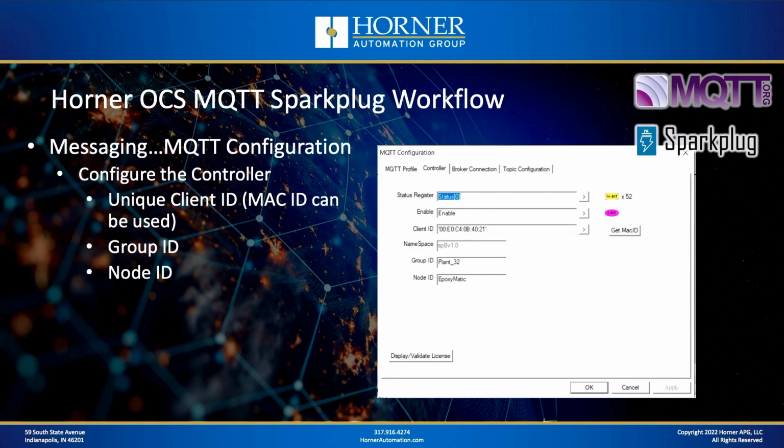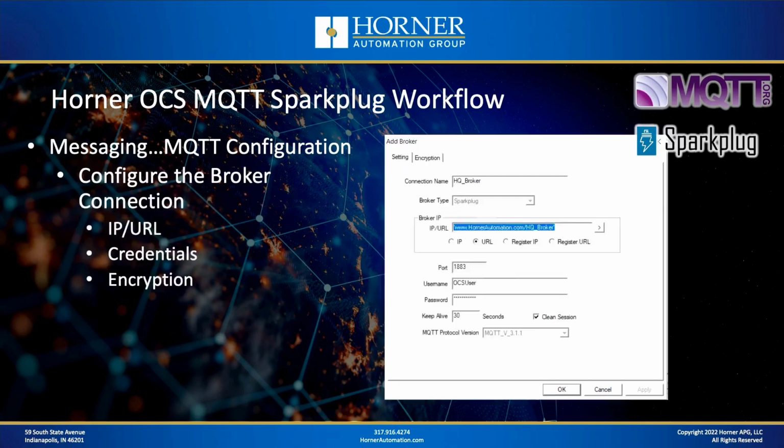So you're not going to have a scenario where you accidentally have a duplicate node because you've given them duplicate client IDs. So in addition to the unique client ID, there's also a group ID. Remember, that's a meaningful string for the group of nodes that the individual OCS is included in. And then you're also going to give a node ID, which is just a descriptive string for that OCS sitting there as a node.